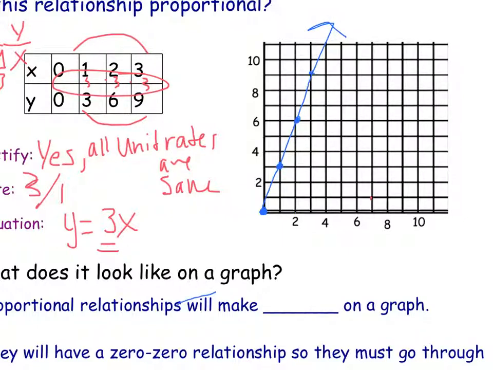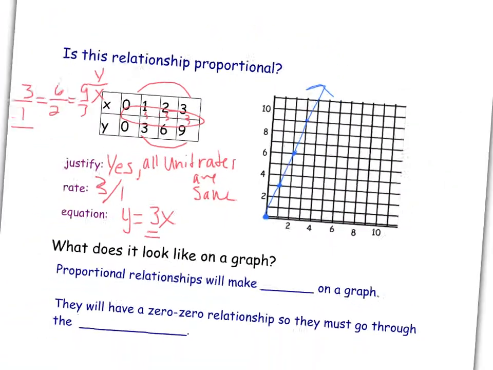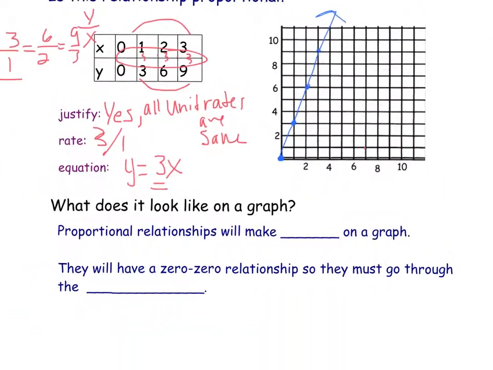So what does this look like on a graph? What does it look like? Well, proportional relationships will make a line, and I want to just add that word straight because some people think that a curvy, something like this, is also a line, but we're talking a straight line.